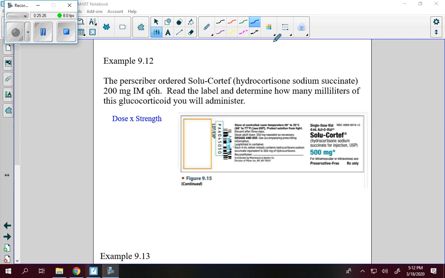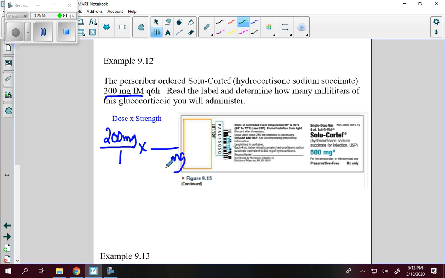All right, the prescriber ordered this medicine, 200 milligrams intramuscularly every 6 hours. Read the label and determine how many milliliters of this you would administer. So again, we're doing dose times strength. The dose was given as 200 milligrams times my strength, which would be milligrams in the bottom.